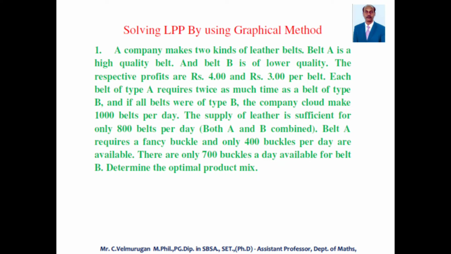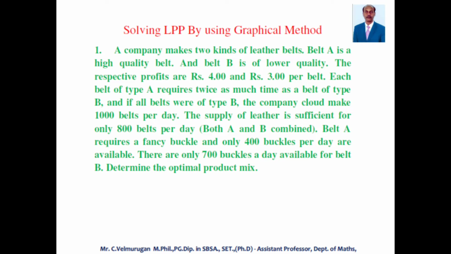So whether producing B only or A and B, the company can produce a maximum of 1000 belts per day. The supply of leather is sufficient for only 800 belts per day for both A and B combined. So the overall supply of leather is available for 800 belts only.